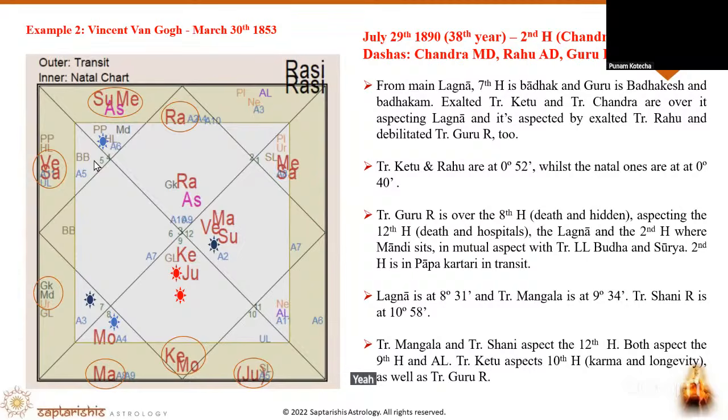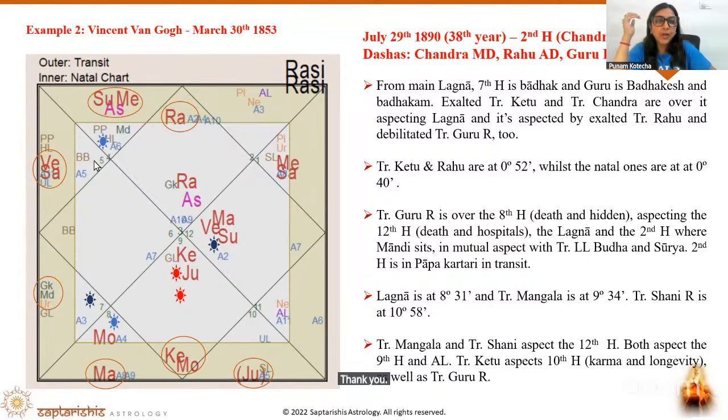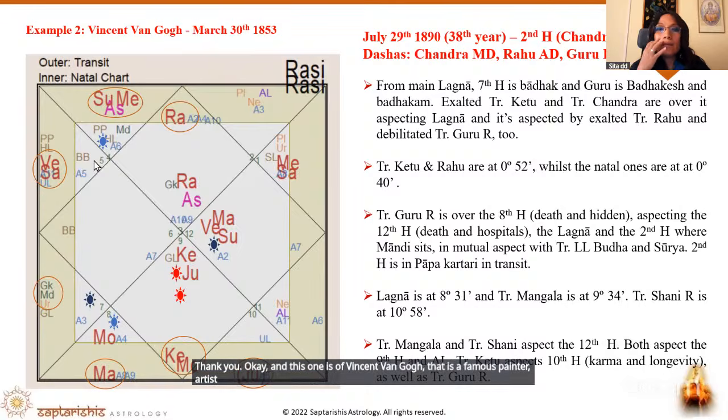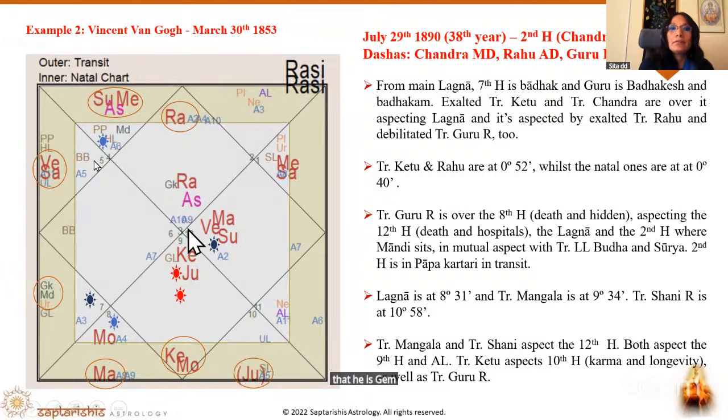Okay, and this one is of Vincent van Gogh, a famous painter, artist. And we can see here that he is Gemini Lagna, and his Badha Sthana is Sagittarius, the 7th house.